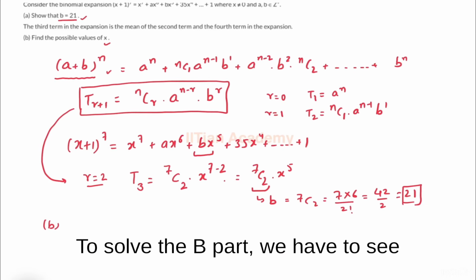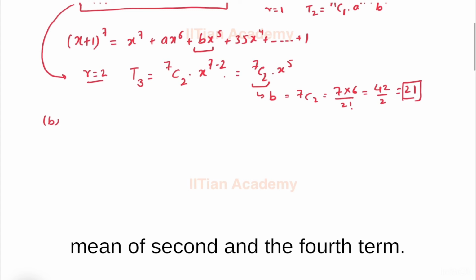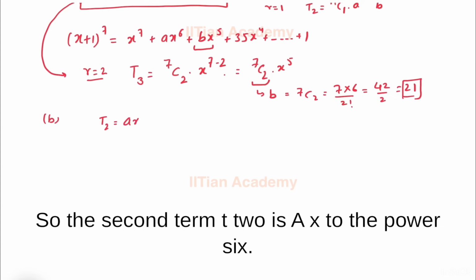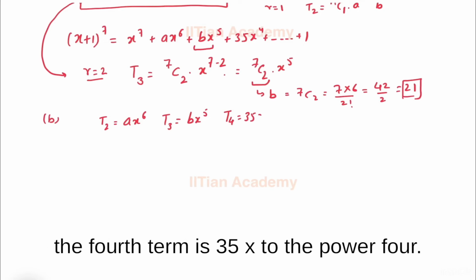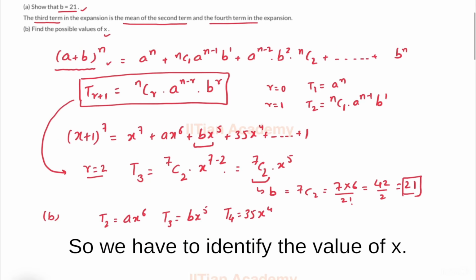To solve the b part, we have to see that the third term in the expansion is the mean of the second and the fourth term. So the second term T2 is ax^6, the third term is bx^5 and the fourth term is 35x^4. We have to identify the value of x.